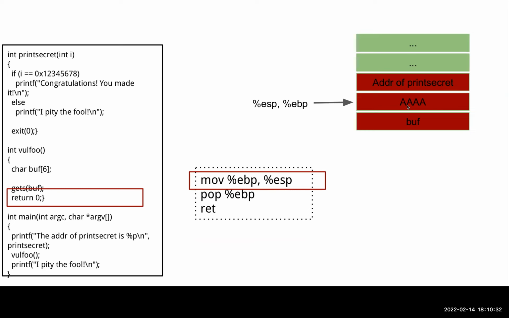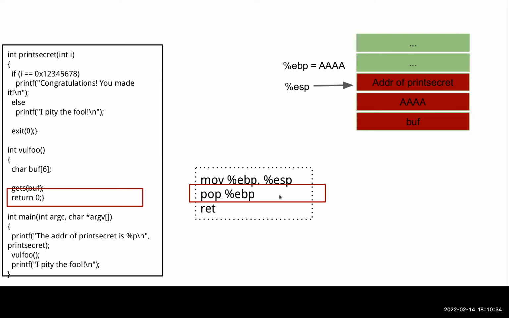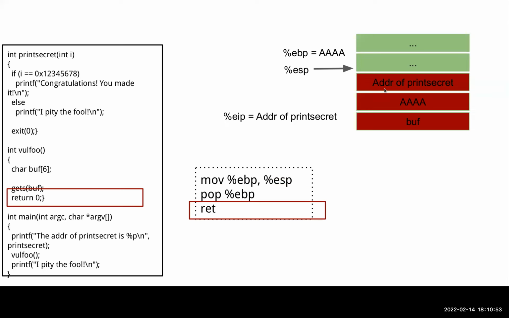Then it will pop EBP, which means what ESP points to will be popped into EBP. So EBP will have the garbage we put there, which is 4/8. I'm assuming here I put 4/8 there. Then ESP will point to the return address. Now we go to the return instruction.